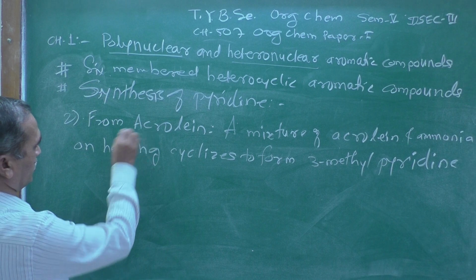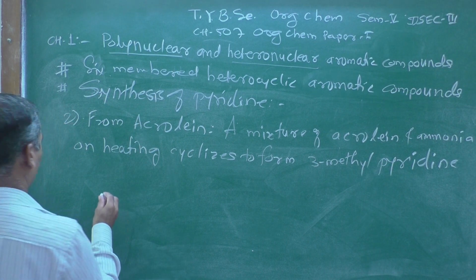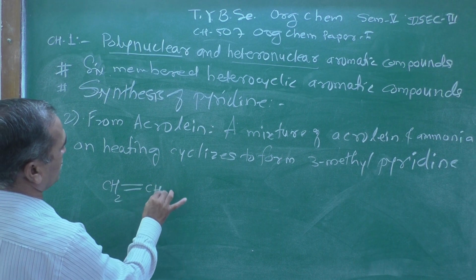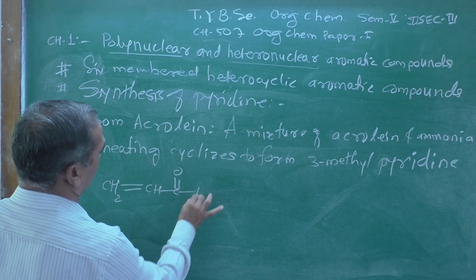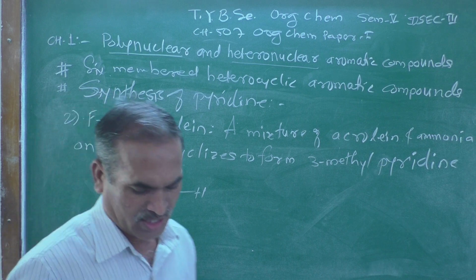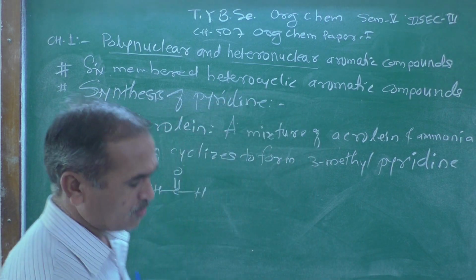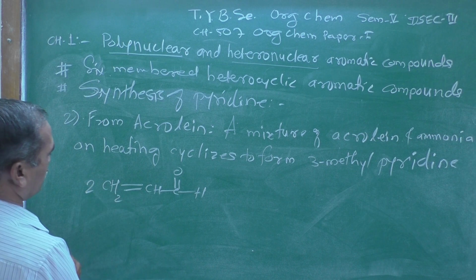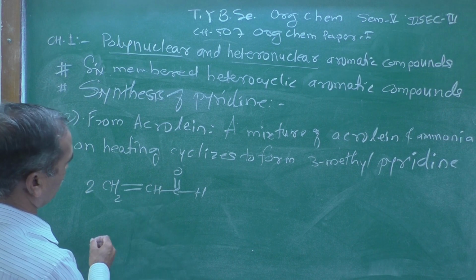Let's write down the starting material. This one is CH2 double bond CH, then C double bond OH. It is known as acrolein, which is taken as 2 equivalents, CH2 double bond CH, C double bond OH.